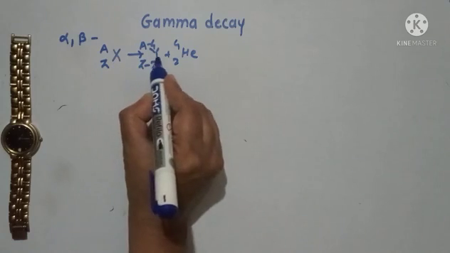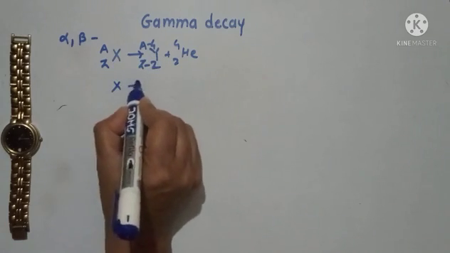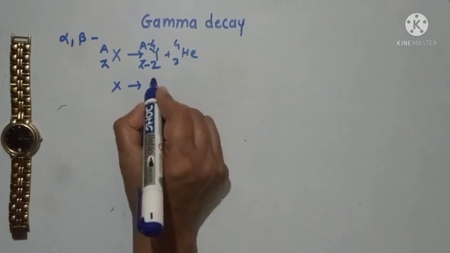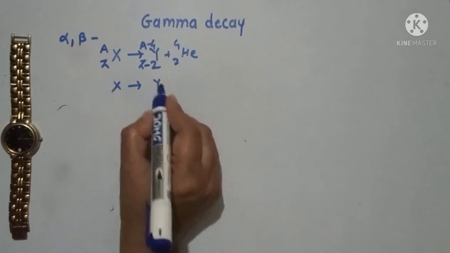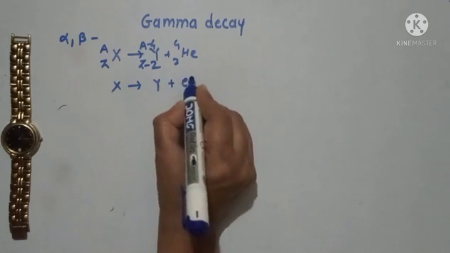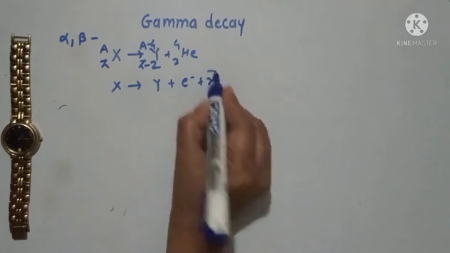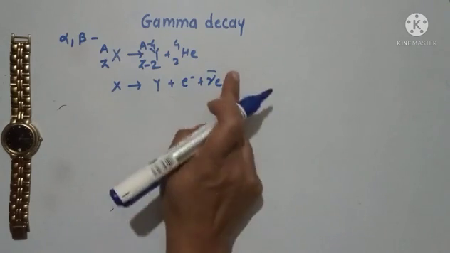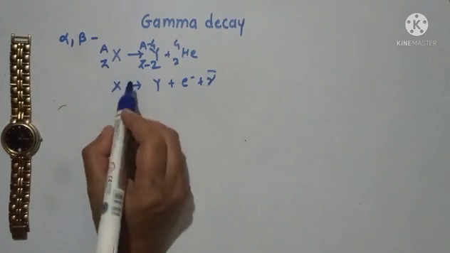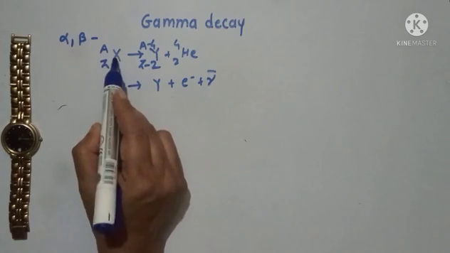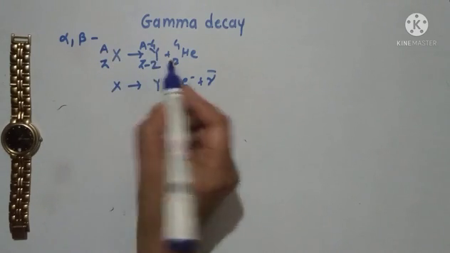So this X is changing to Y. Similarly, if you are dealing with beta decay, then in this example also this nucleus is changing to another nucleus, with an electron plus an electron neutrino, or the anti-neutrino.